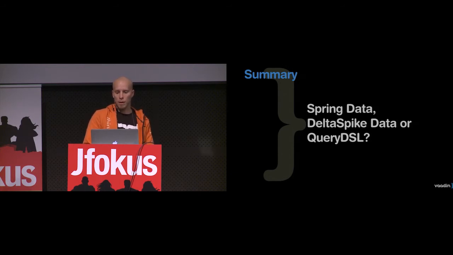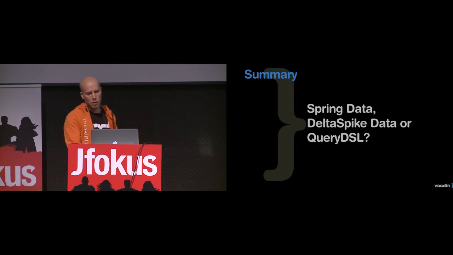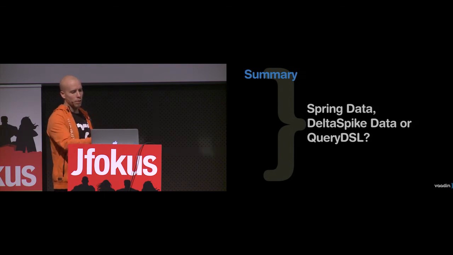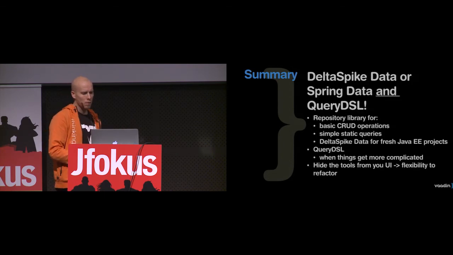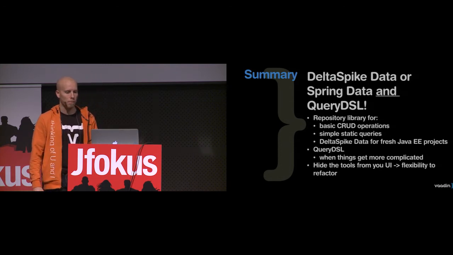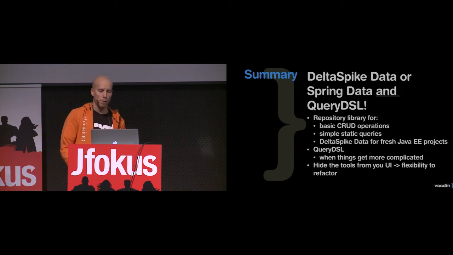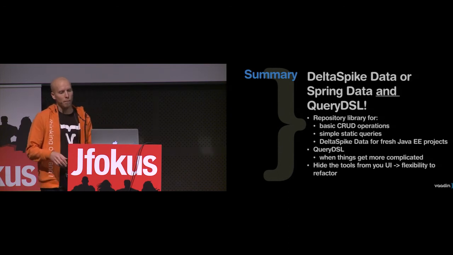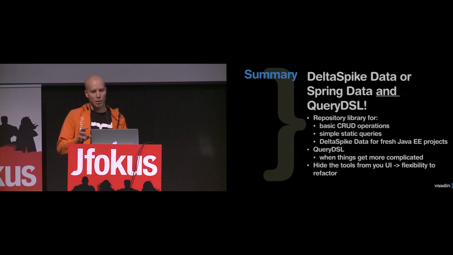Definitely go with it. But I think QueryDSL is kind of special in this case. I would choose either Spring Data or DeltaSpike Data, but I would use QueryDSL when these repository libraries are no longer appropriate. So when we run into problems, or your queries become too complicated for the repository pattern, then I would go for QueryDSL, as an extra layer to still stay out of the raw JPQL or SQL queries.